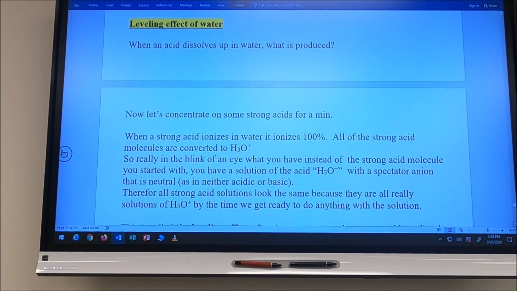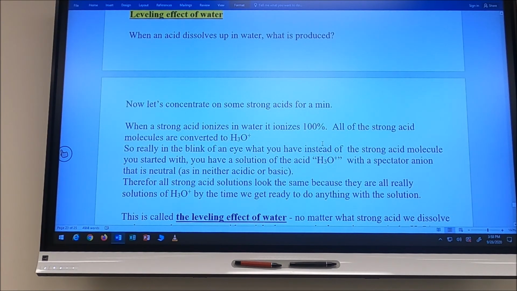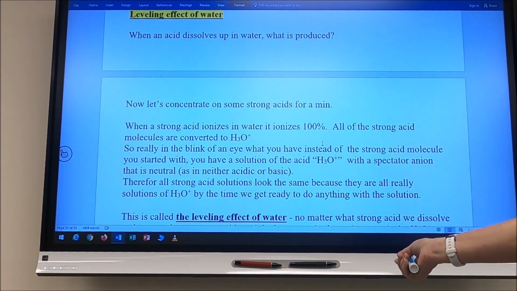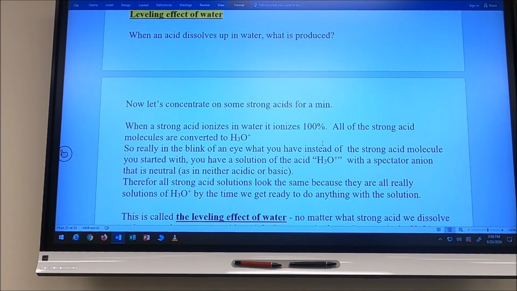Now, let's talk about water, okay? Because when we talk acid-base chemistry, we're usually talking about what's happening in water. And notice that water is amphoteric.